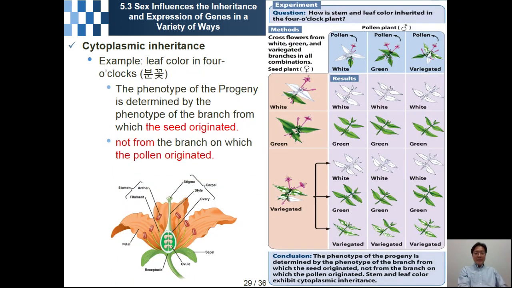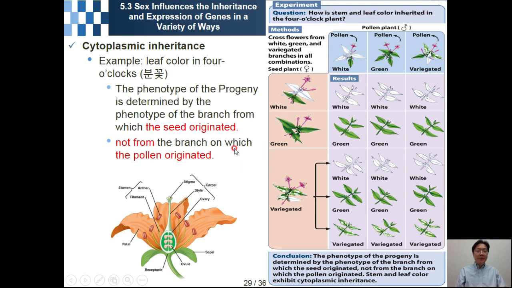In this slide, we'll also see another example of cytoplasmic inheritance. The example we can see is in the four o'clock plant, in Korean we call it bungot. Usually, this is the pollen plant.